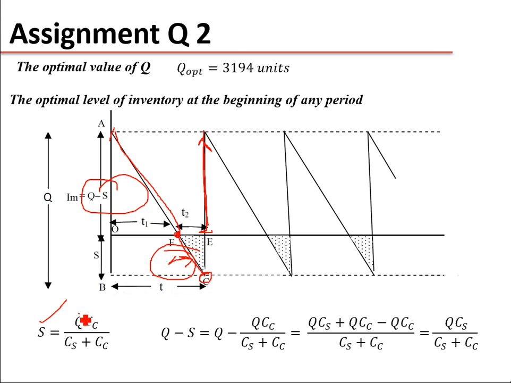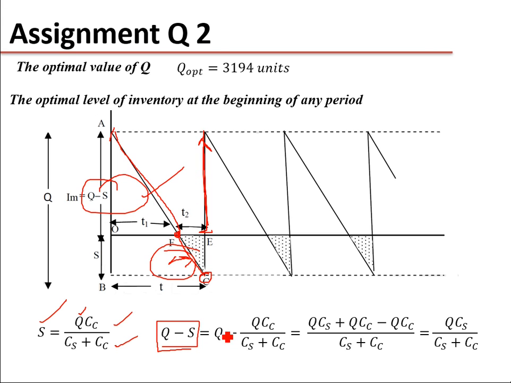The short units, S, is Q C C upon C S plus C C. This we already calculated in the previous lecture. Then Q minus S, because we need to know this as it is linked with the inventory.